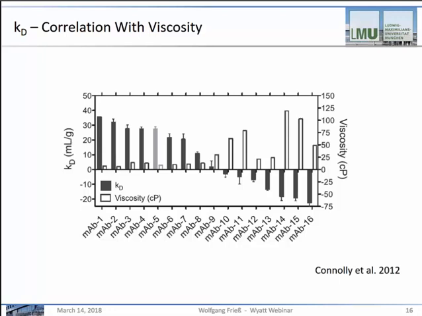And with a decrease of KD towards the negative values, you see that the concentration leads to a high viscosity for these monoclonal antibodies. So KD can be used as the parameter to study antibodies and to understand their behavior at high concentration and the viscosity buildup at high concentration, although you do the studies at low concentrations.